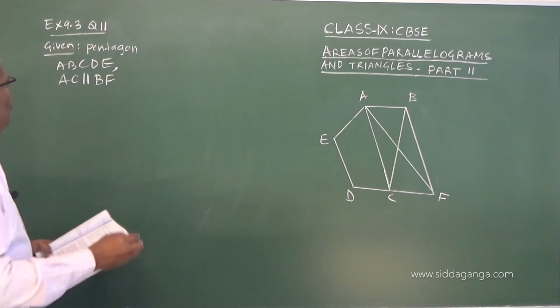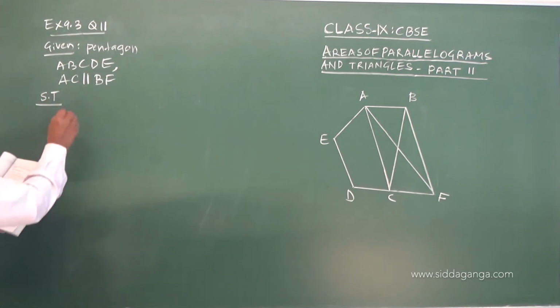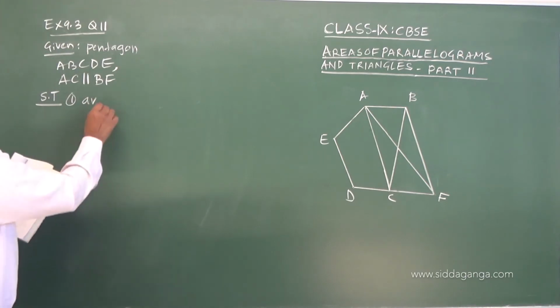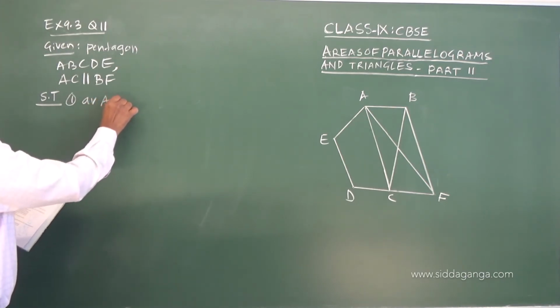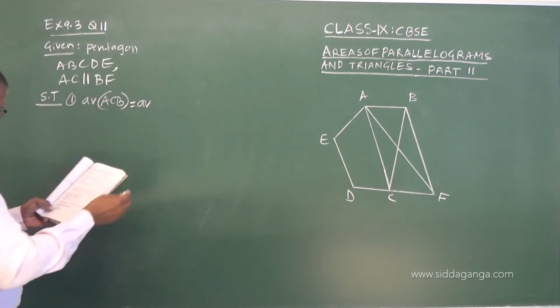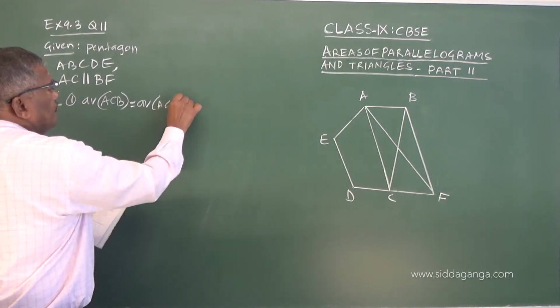Now, show that first one, area ACB equals area ACF.